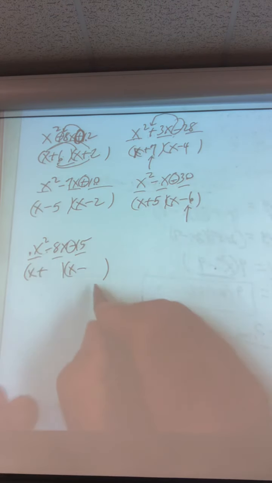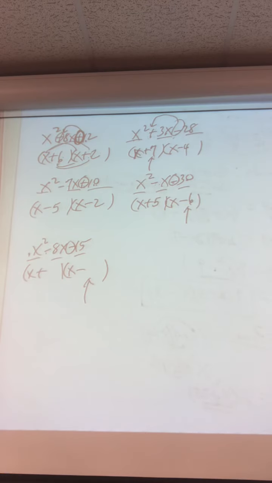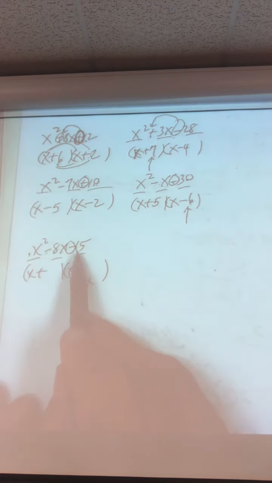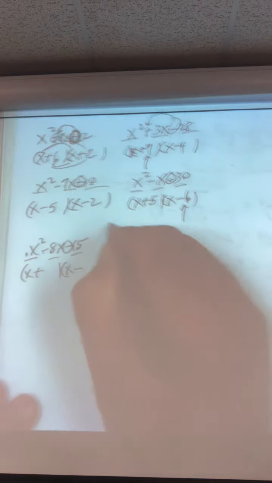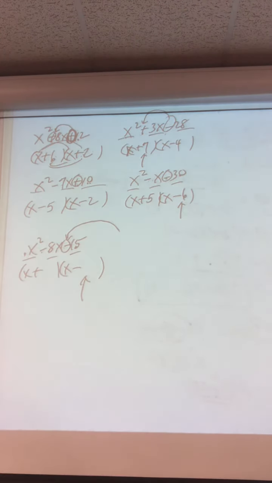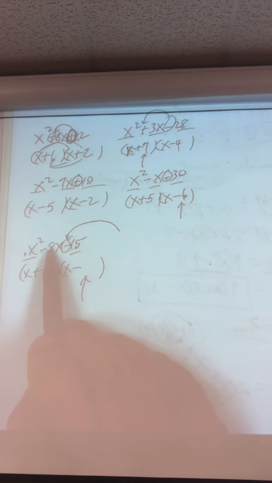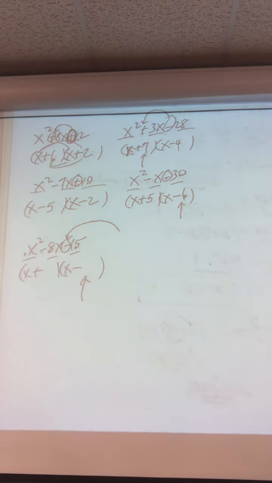Biggest is negative. Biggest number is going to go there. I need two numbers. When you multiply them, you get 15. But if you subtract them, you get 8. If you're not real careful, you'll say 5 and 3. Multiply 15, subtract 8.